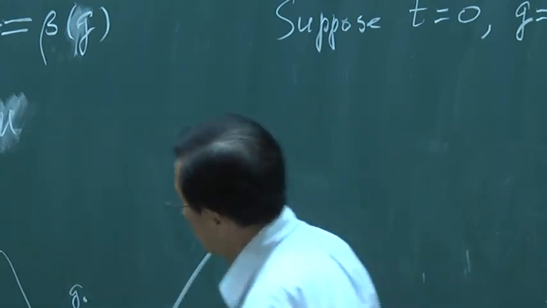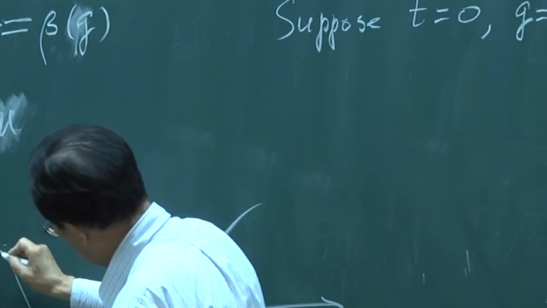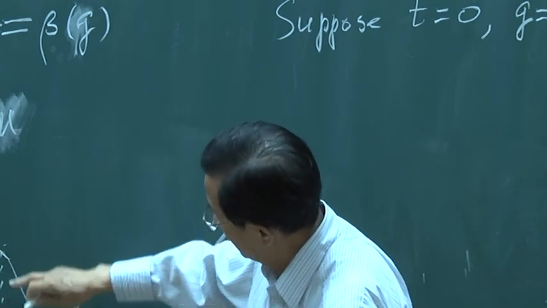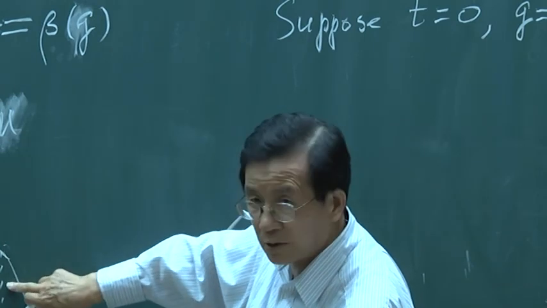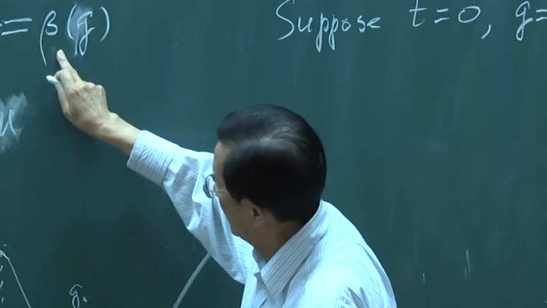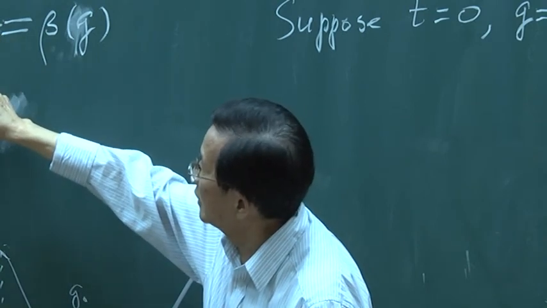Okay? Now suppose you start from somewhere here. Then on this side, the beta function is positive. So dg/dt is positive, and so g will increase with increasing t.